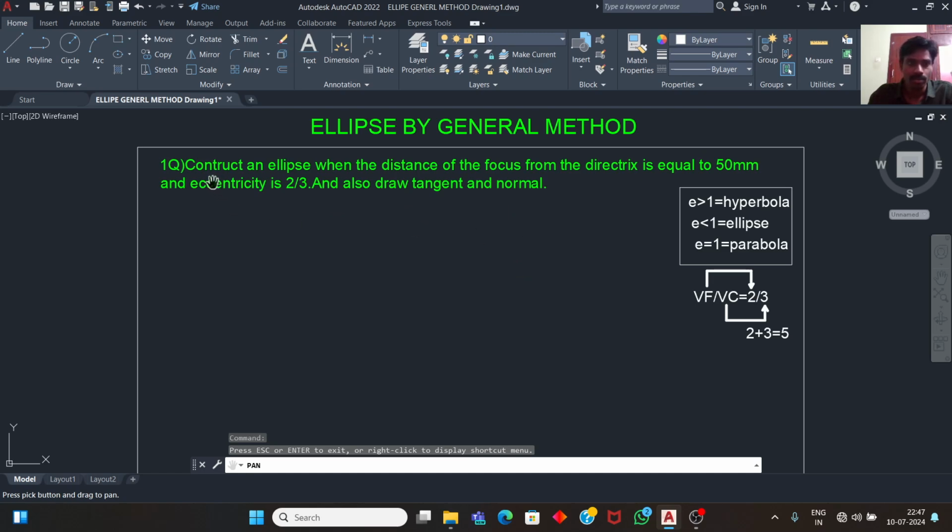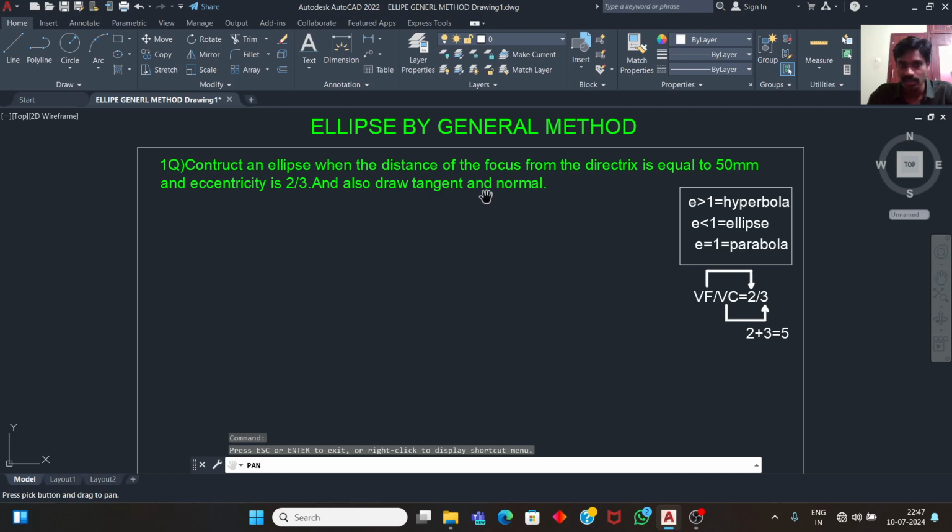Okay. So in this question, they have given the curve name as an ellipse. And also they have given the distance of the focus from the directrix, which is equal to 50 mm, and also given the eccentricity value, that is 2 by 3.